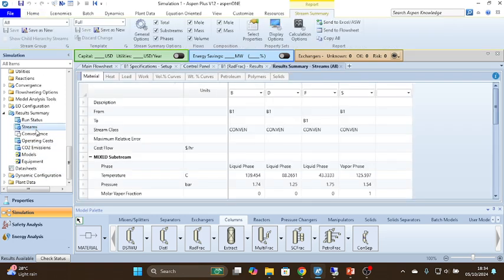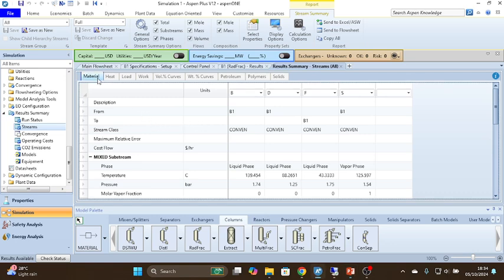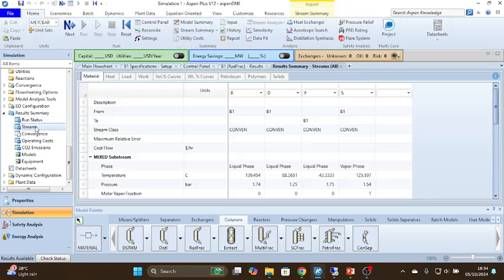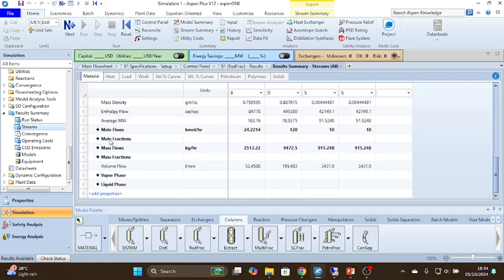So what was asked from us in the problem? In the problem it was asked that you have to simulate the column model and report the product compositions. So the product compositions that we have are D, S and B. So from the results we are going to go to streams, and this is B, D and this is S, and the product compositions.